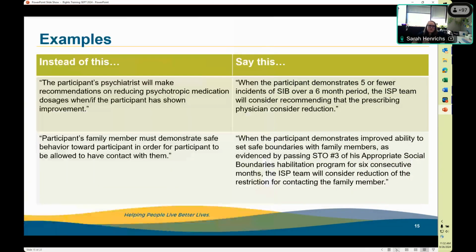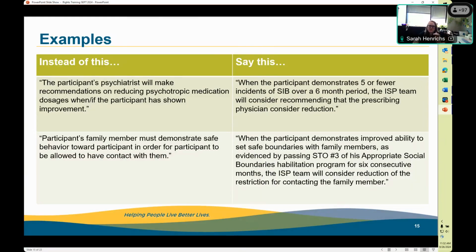Some more examples. Here's where we have a psych med example. I think someone asked for one of those. So instead of saying the participant's psychiatrist will make recommendations on reduction if and when they show improvement, because that puts all of the decision making with the prescriber, and ultimately they do make the final decision.